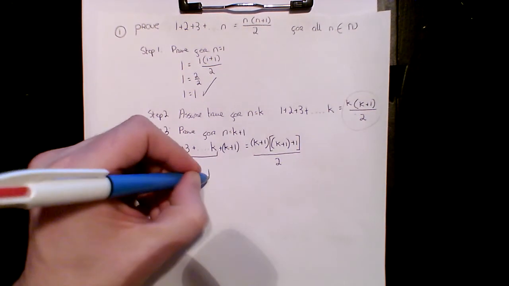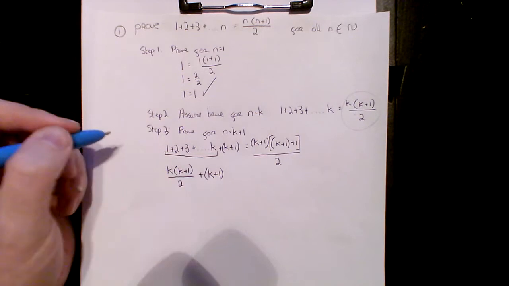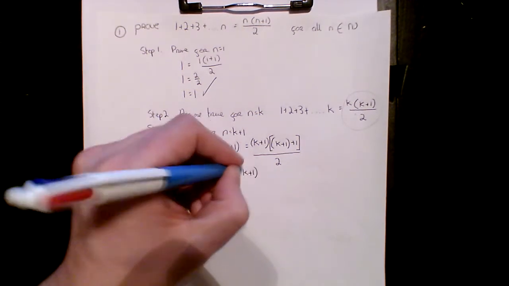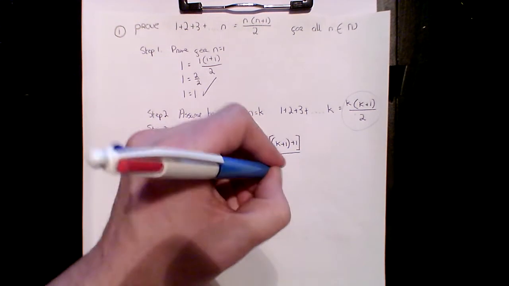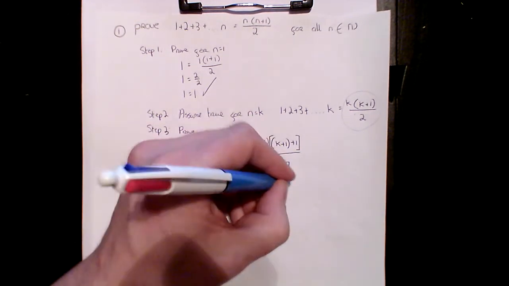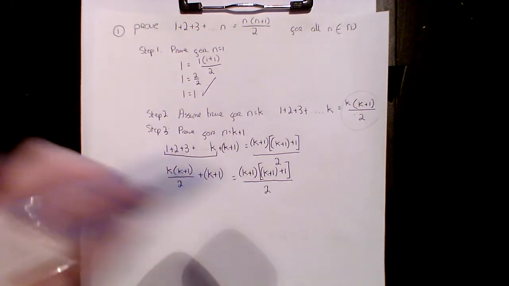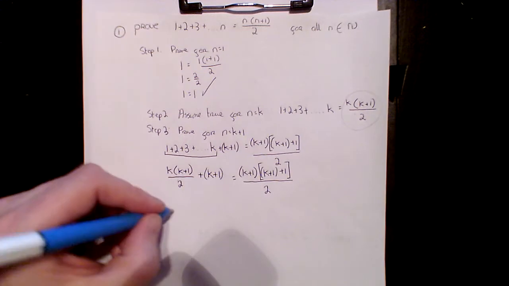I also have the (k plus 1) over here. And hopefully that will equal (k plus 1)(k plus 1 plus 1) all over 2. I just need to start tidying this up and simplifying it using a bit of algebra to see if this can equal this.